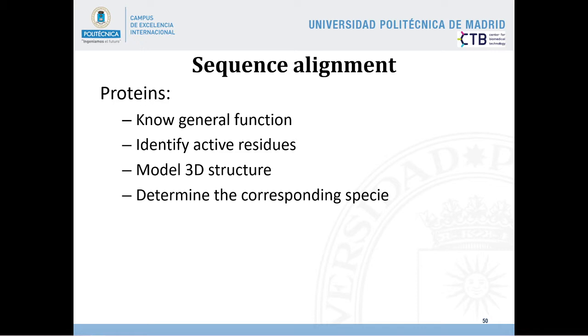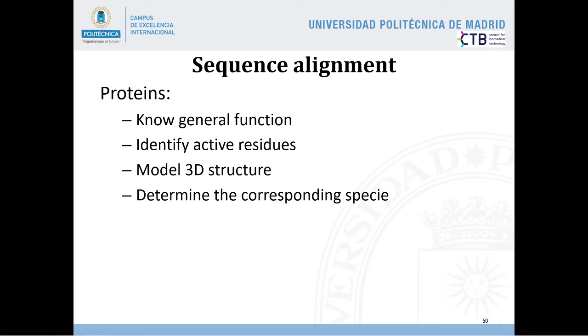Also, we can model the three-dimensional structure of proteins, how they make the connection between the amino acids, if they are in a helix or if they are, how do you say in English, beta sheet, or whatever structure they have.